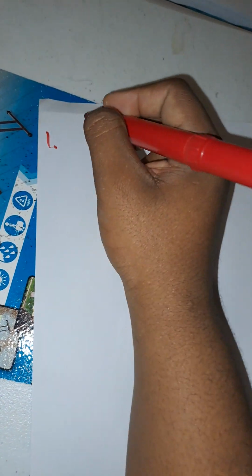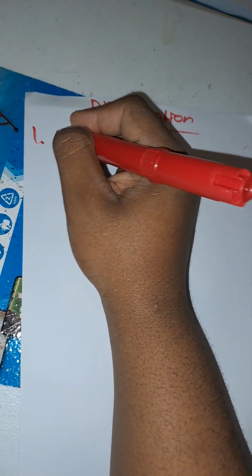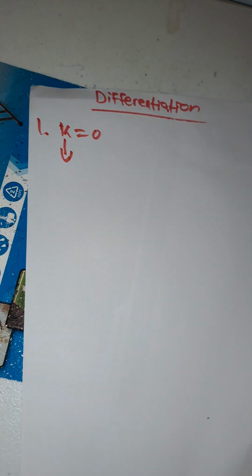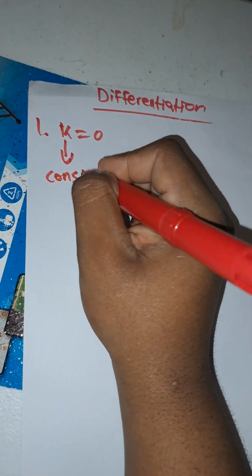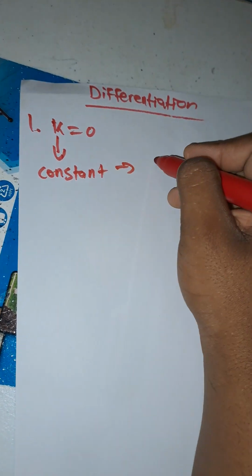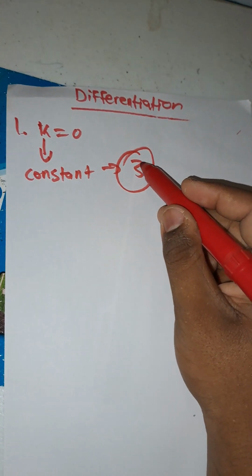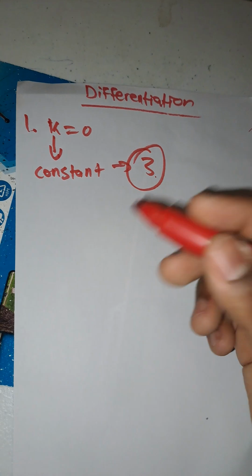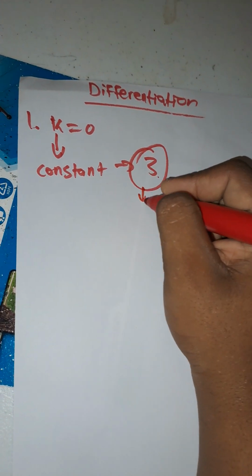So the first one, I'm gonna choose k, so k is equal to 0. What am I trying to say about this? This k is the same as a constant. What is a constant? Any number. So let me just say 3. If you have 3 in your equation, when you differentiate it, it will be 0.